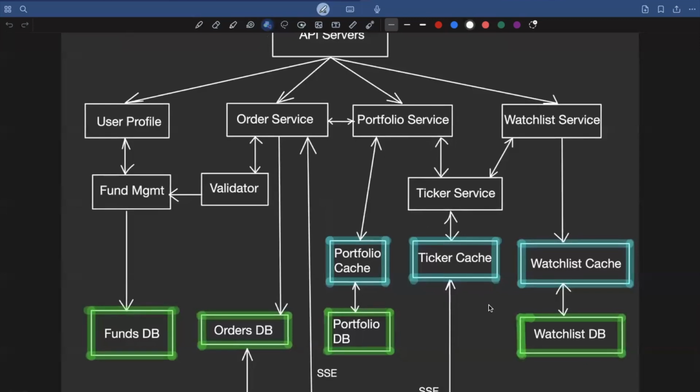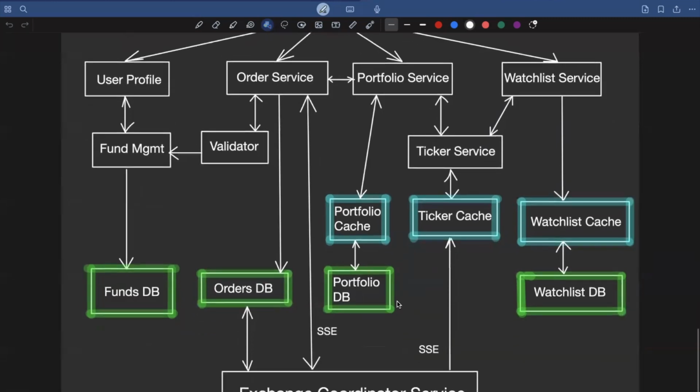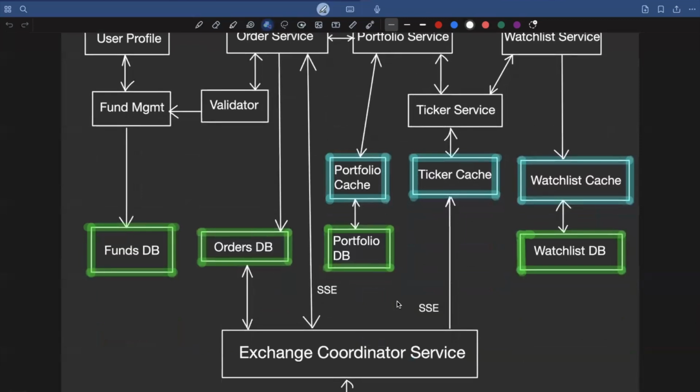So the main advantage of storing it in a portfolio cache is that there will be low latency instead of getting it from the exchange every time. And we are ensuring low latency by making sure that we don't get it from the exchange every time, and also that we are not always updating all the stock entries.